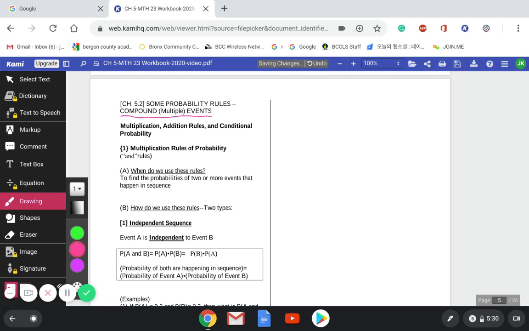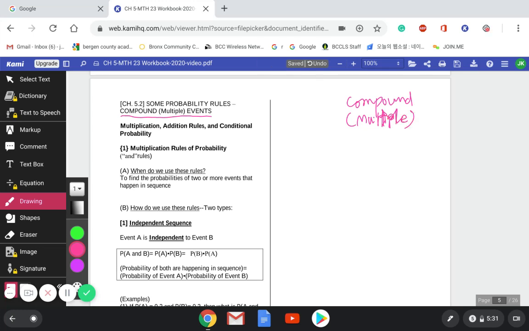So when you have compound events, again, there are two basic things that you have to know.